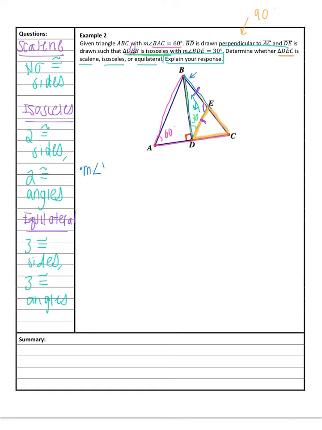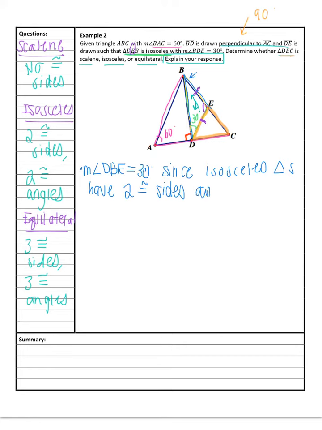But I'm going to go with DBE is 30 degrees, since isosceles triangles have two congruent sides and angles. That's how we figured out that other angle was 30 degrees, and it was because of that vocab word there. So I'm going to go ahead and write in that 30 degrees.